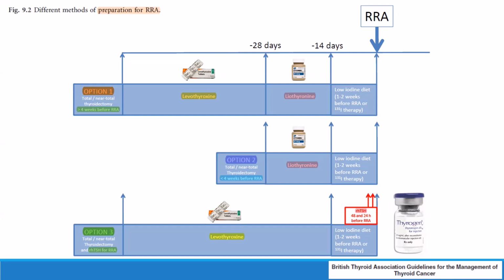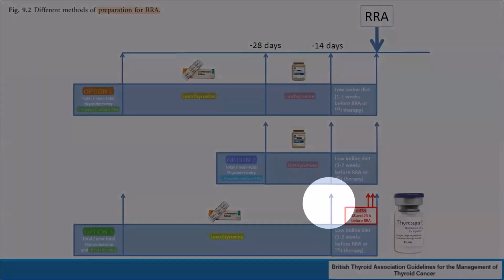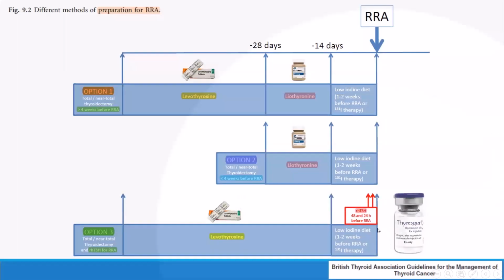And actually, this algorithm, from the British Thyroid Association Guidelines 2014, I will discuss another time in the next session, inshallah. In this algorithm, this is not correct. Levothyroxine should be continued, not stopped.